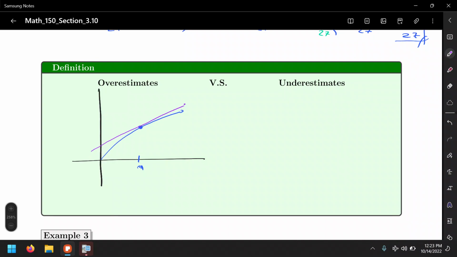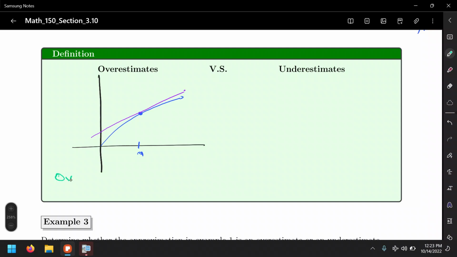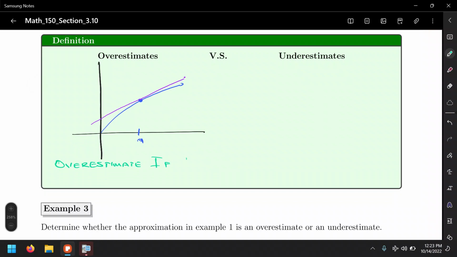In this case, notice how the derivative, which is the slope, is a positive value, right? So in this case, we will conclude that we will have an overestimate if the slope, the derivative, is greater than 0, is positive.